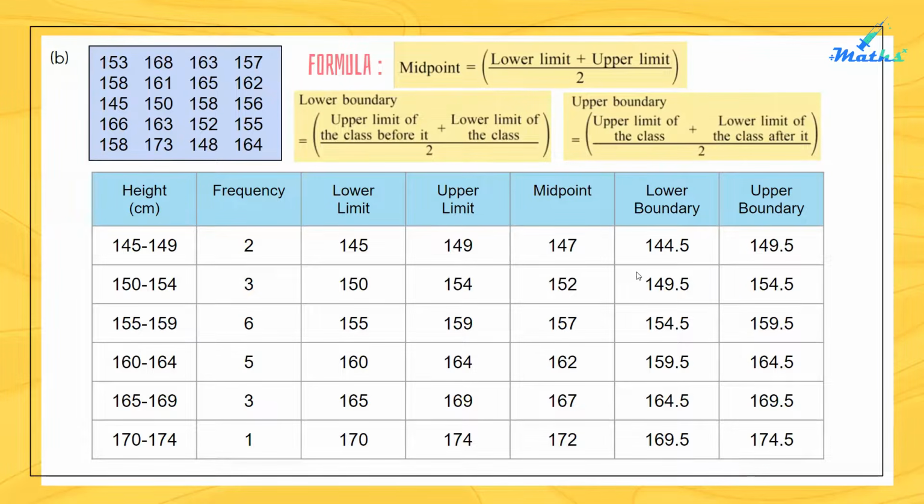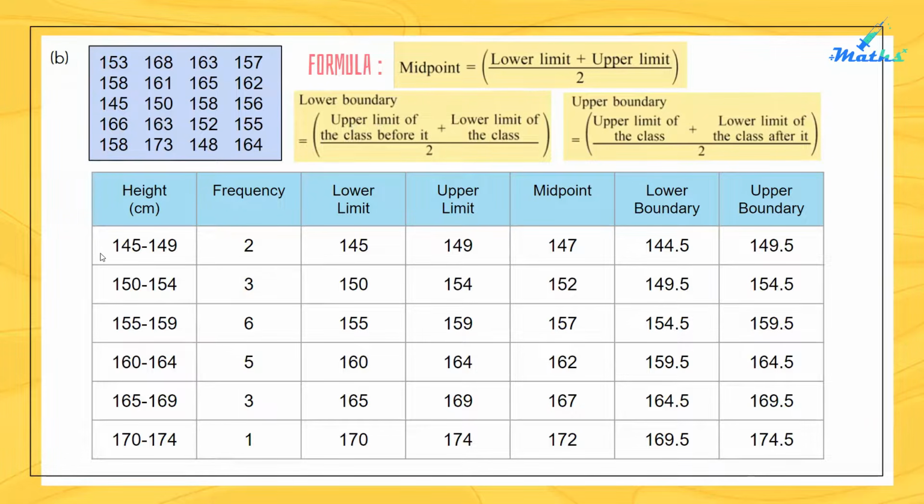For the lower boundary, we use the formula: upper limit of the class before it plus lower limit of the class, divided by 2. What is the upper limit of the class before 145? It is 144.